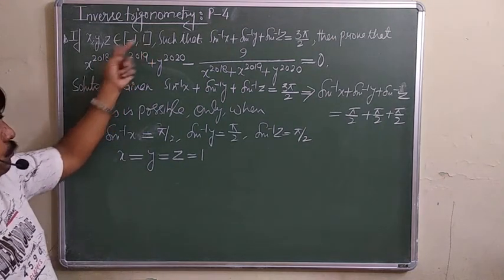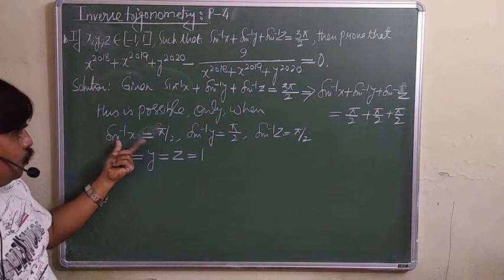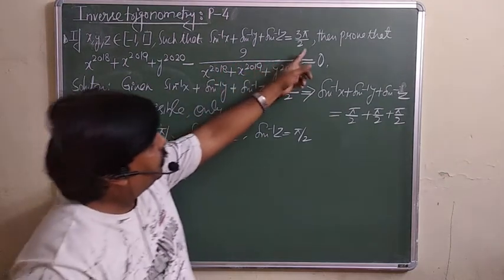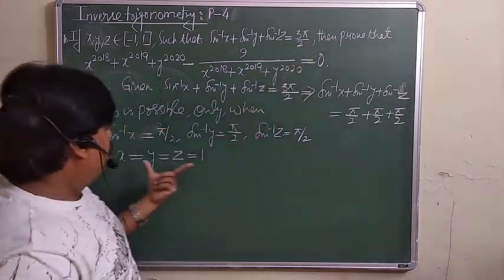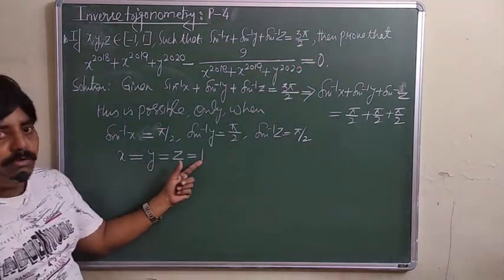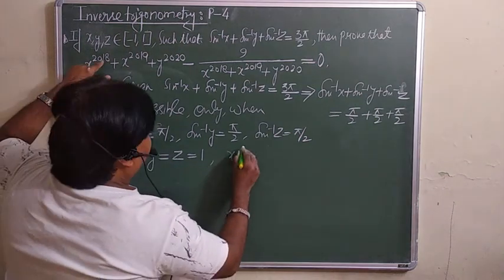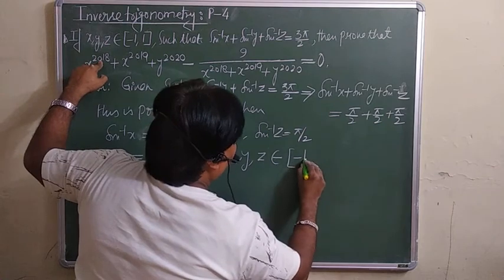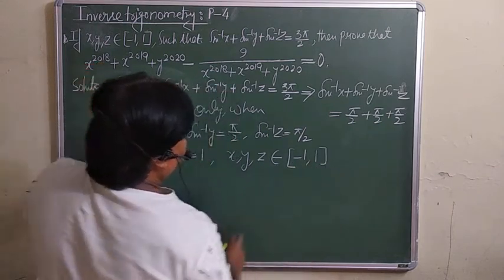Suppose you take 0 for instance, then 0 plus 0 plus 0 is not equal to this. So it means x, y, z is equal to 1, because x, y, z belongs to minus 1 to plus 1 only.